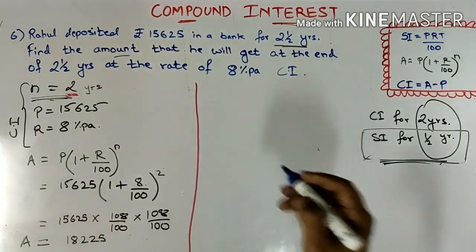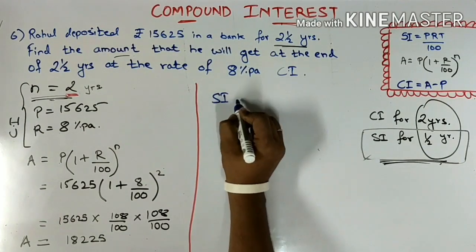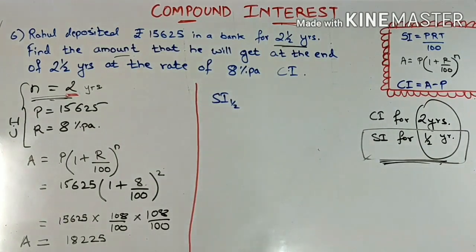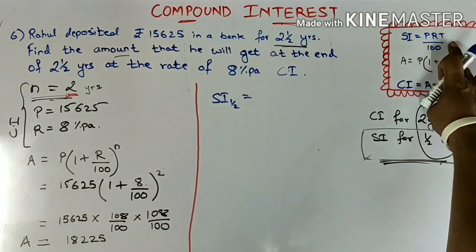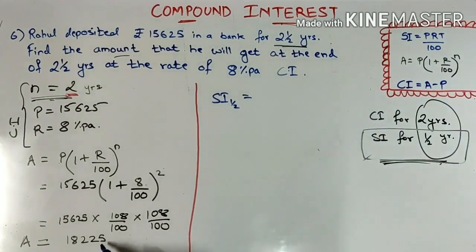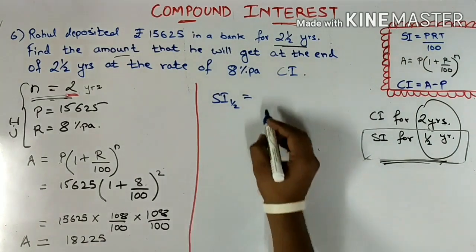So simple interest for the remaining half year is nothing but, we have the formula PRT upon 100. So P is nothing but the amount for the first 2 years.